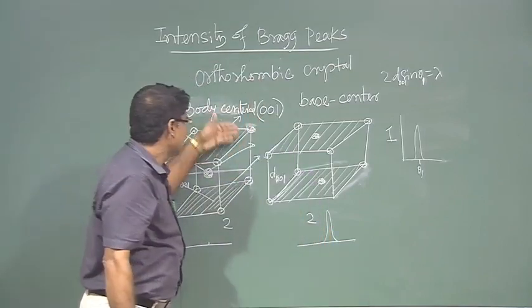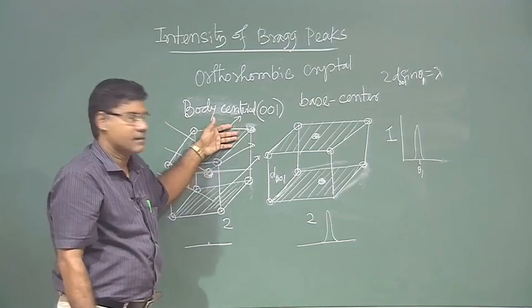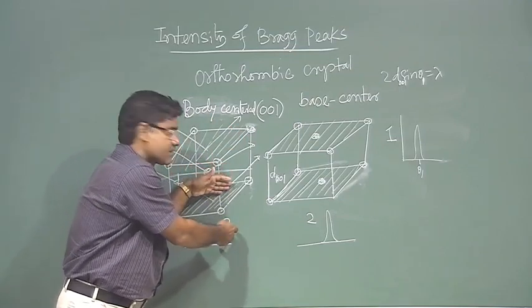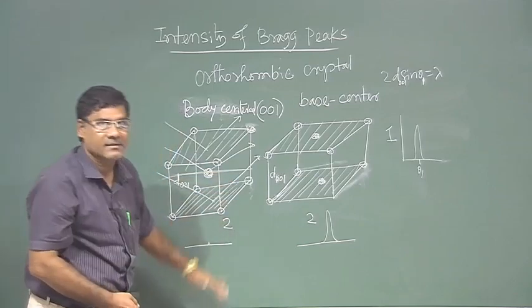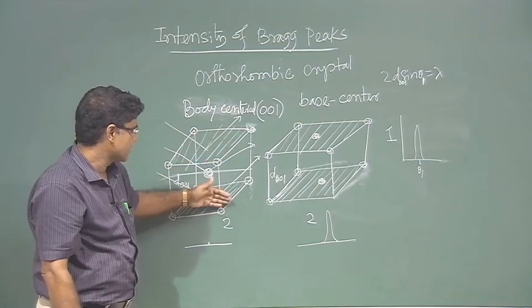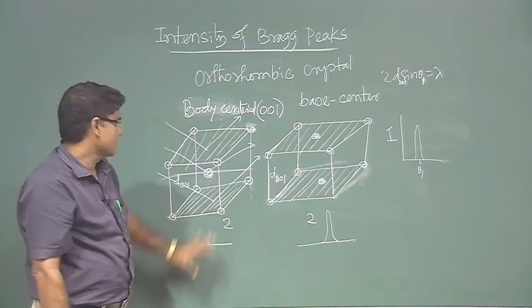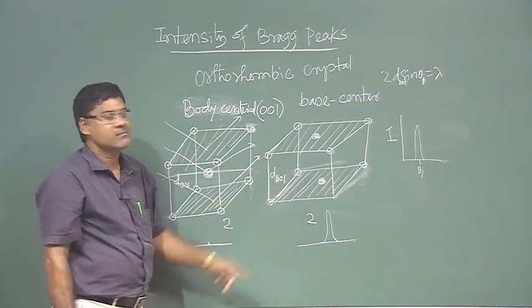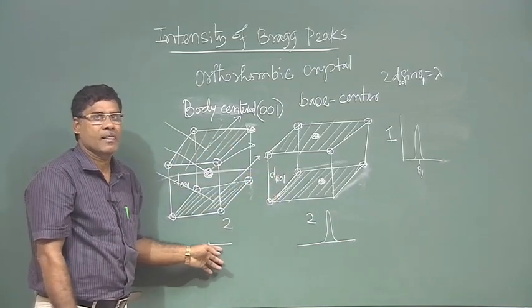So, they will cancel each other. Now, this and the next planes, there are many planes, so they will cancel each other. So, you will not get any peak at this angle where it is supposed to be.